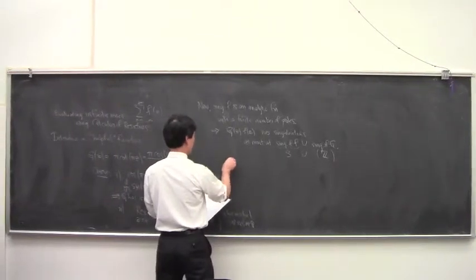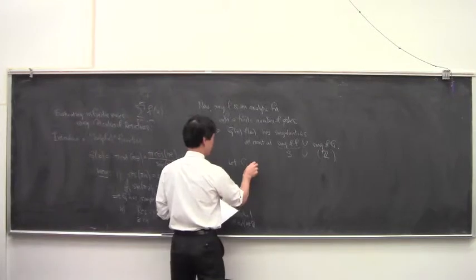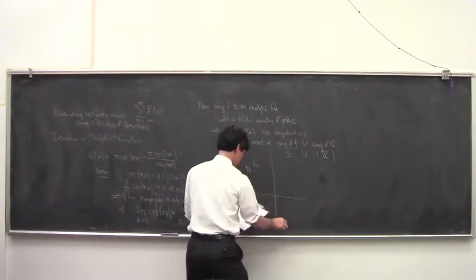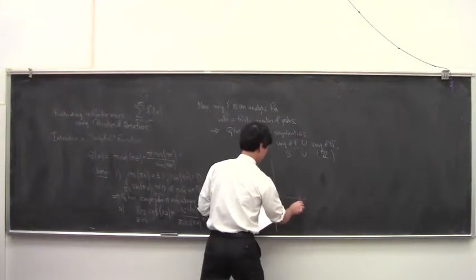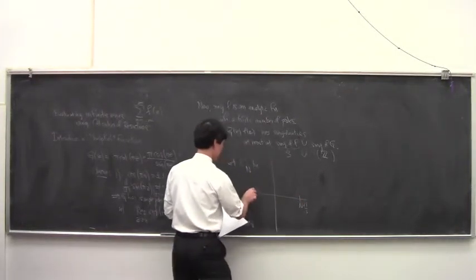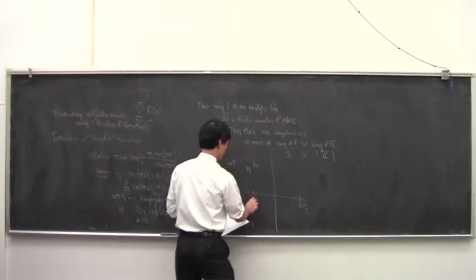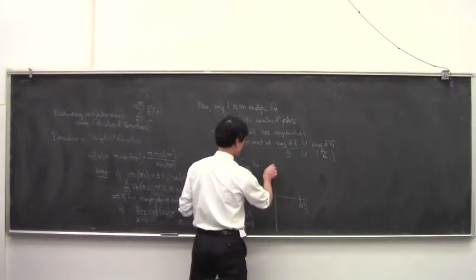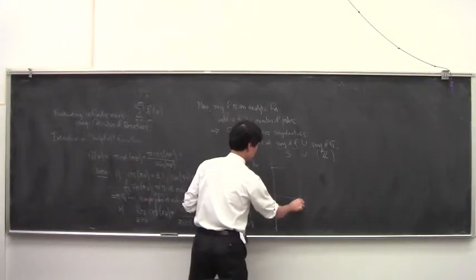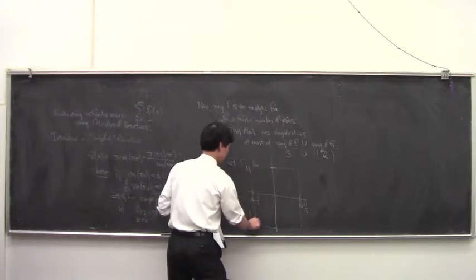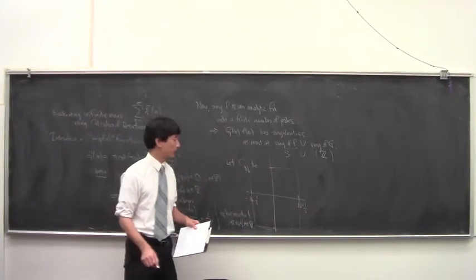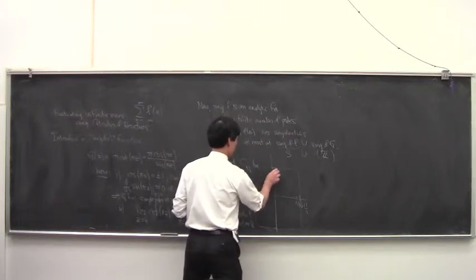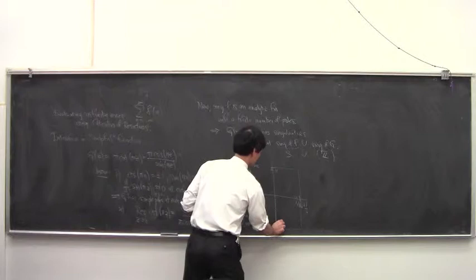Let C sub n be the following square. So it's going to go out to n plus 1 half, and negative n minus 1 half. Okay, so that's its diameter. And this square here. Okay, so here is n, here's negative n, here is n, here's negative n.